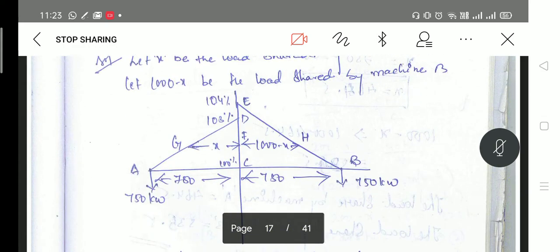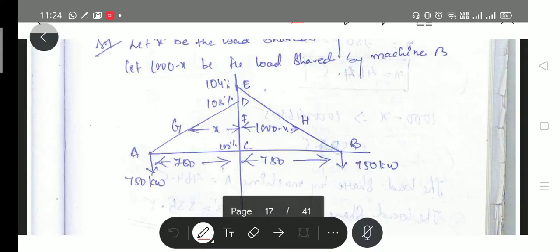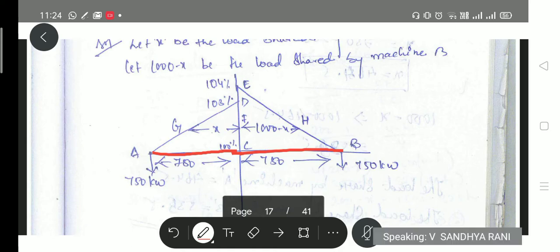Here he has given percentages. So A machine will be 750 and B machine will be 750. Here A to C I am taking 750, B to C I am taking 750. Both the loads are shared at the same point C.